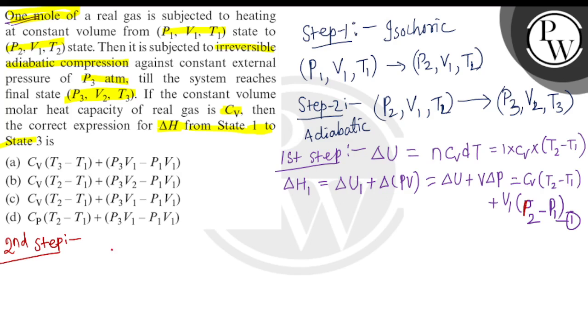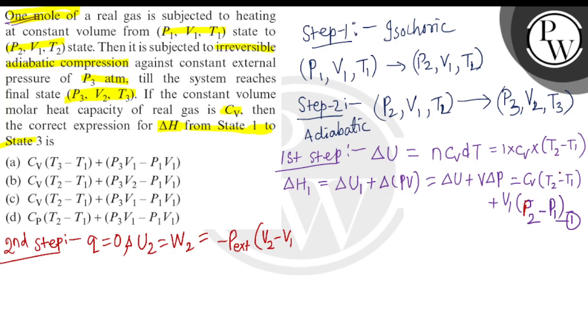For adiabatic, Q is equal to 0. That means delta U2 will be equal to W2, the work done, which is minus P external multiplied by V2 minus V1.